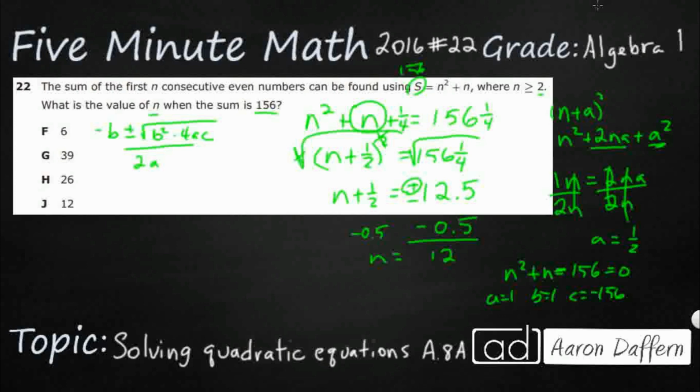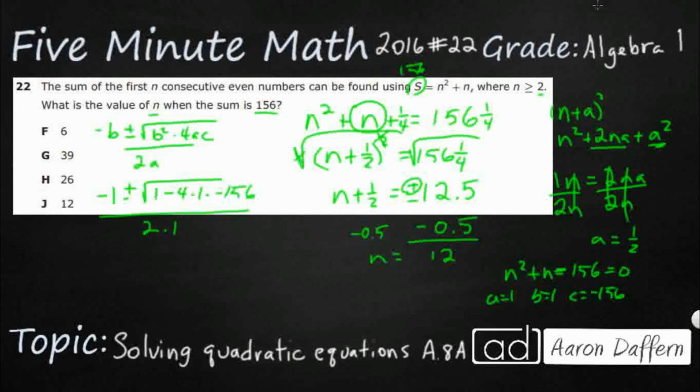Okay? So now we're going to say negative 1 plus or minus, that b is still going to be 1, and then minus 4 times 1 times negative 156, over 2a, that's 2 times 1.